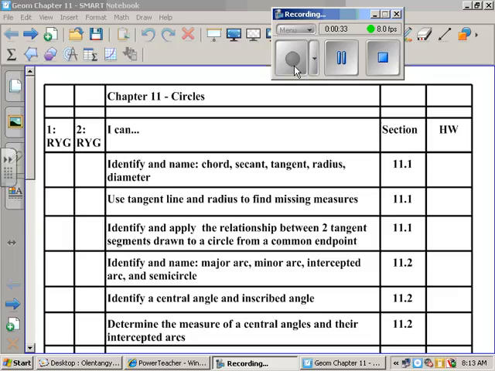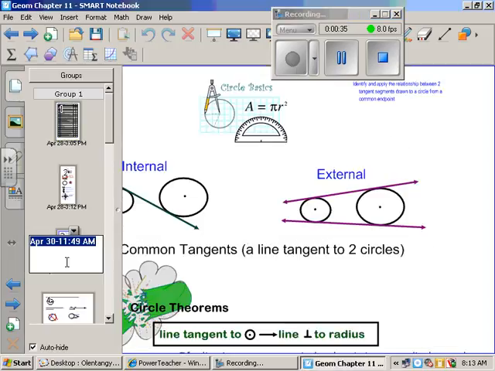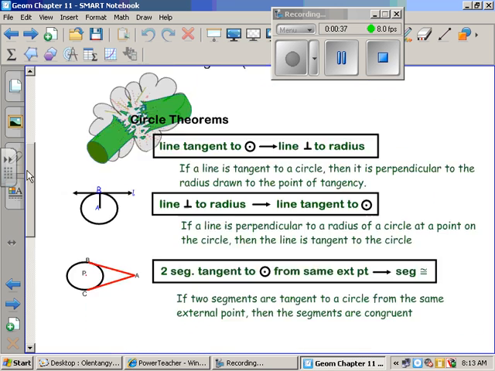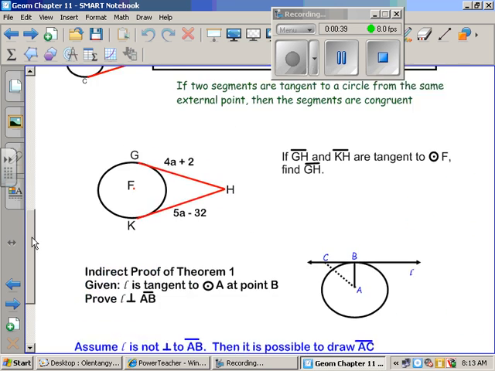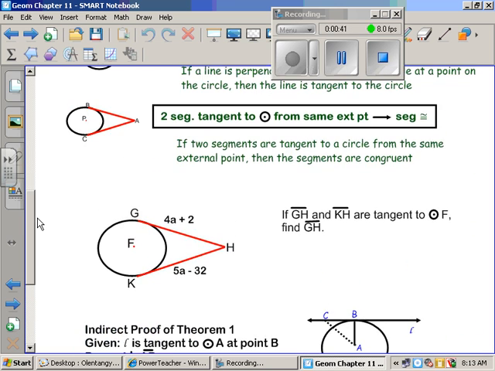All right? So the first theorem, or the first rule that you have to know, is that when two segments are tangent to a circle from the same outside point, okay?